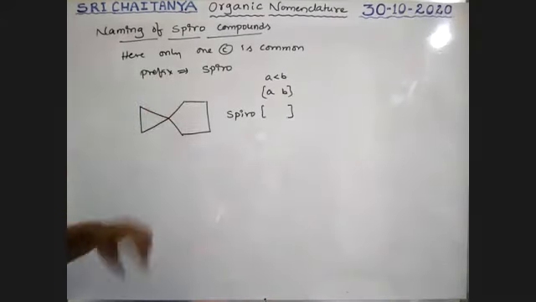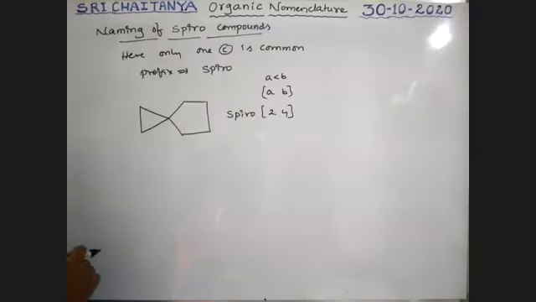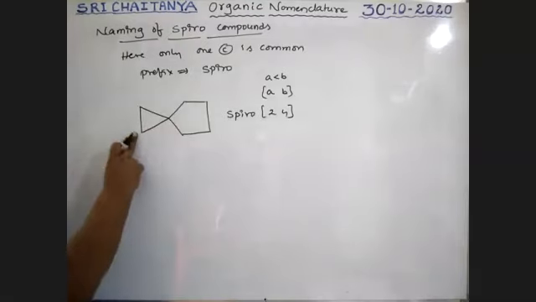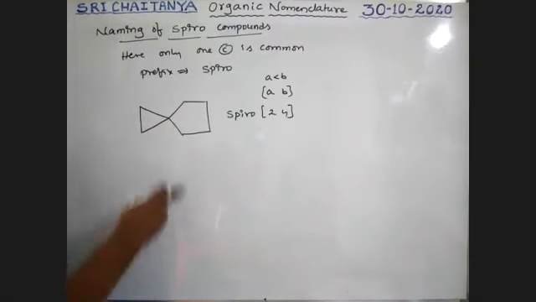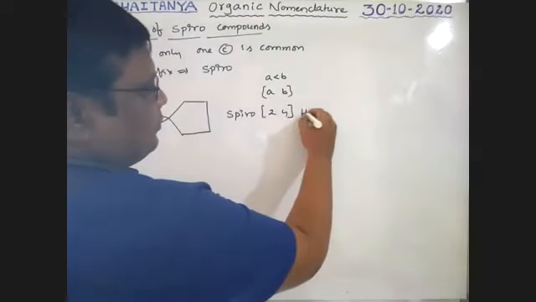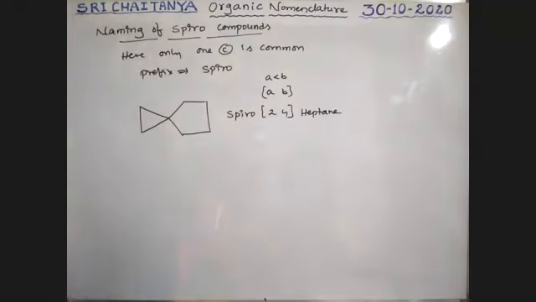It is 2, 4, not 4, 2. This side 2, this side 4. So spiro[2.4], total 7, heptane. It is spiro[2.4]heptane.